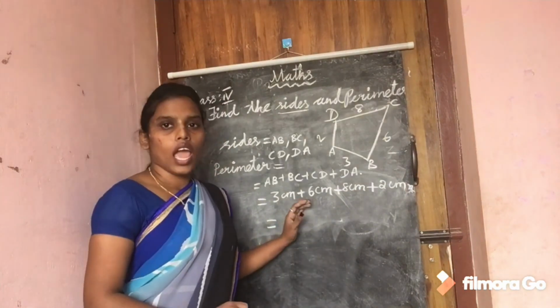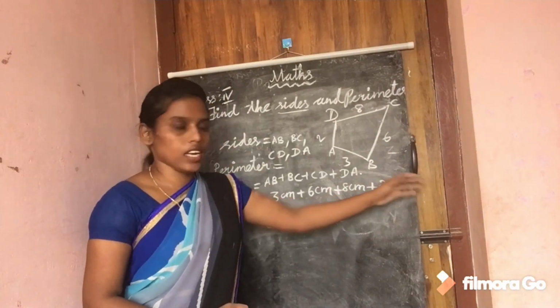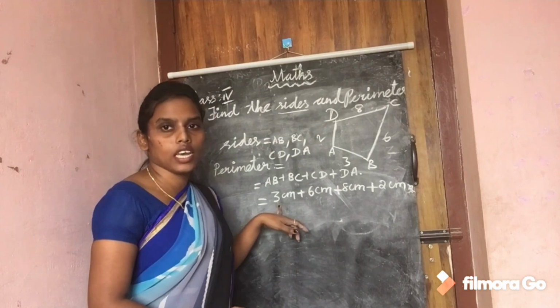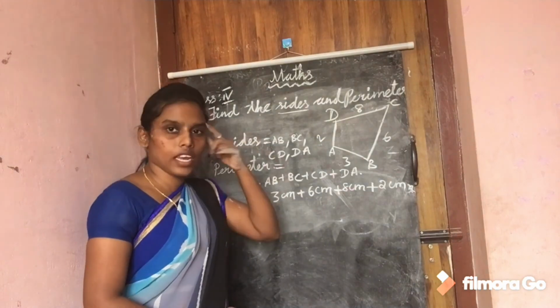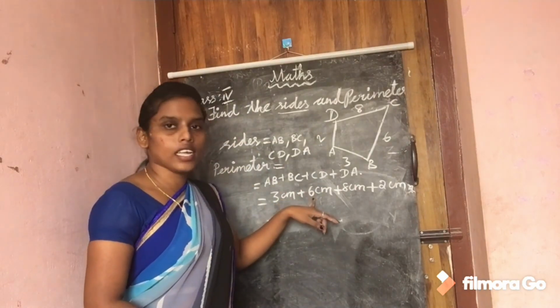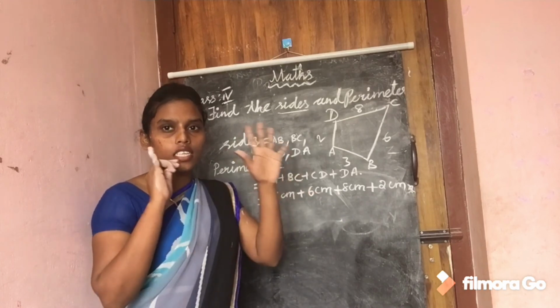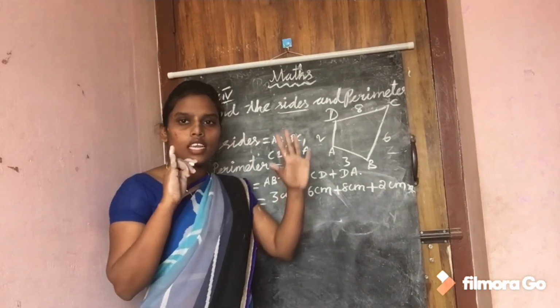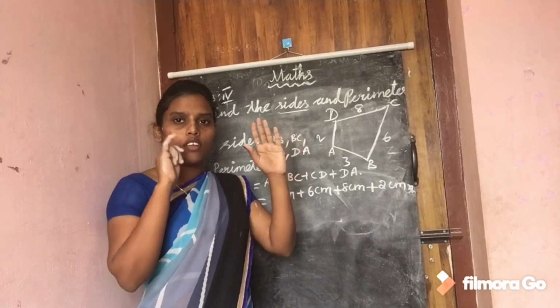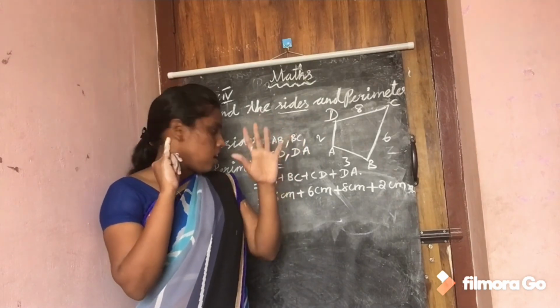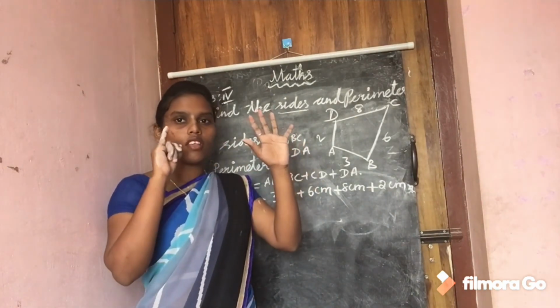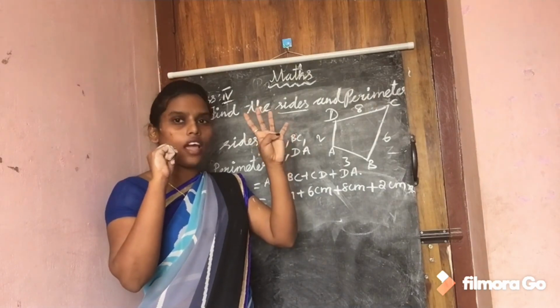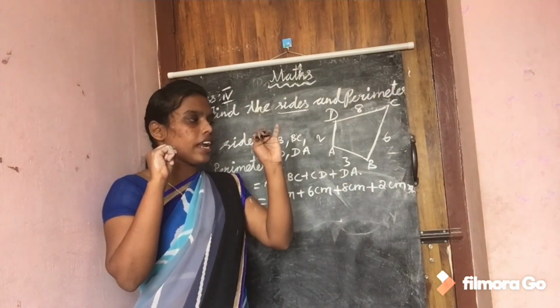Now we are going to add the 4 different sides. Okay. First, what is the centimeter here? 3. You have to keep 3 in your mind. Then next number is 6. Take 6 fingers. After the 3, you count, children. You also take a finger. Yes. After the 3, 4, 5, 6, 7, 8, 9.